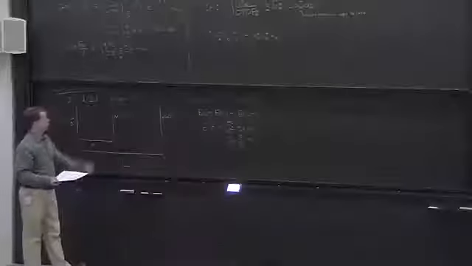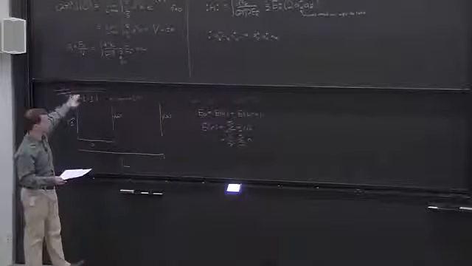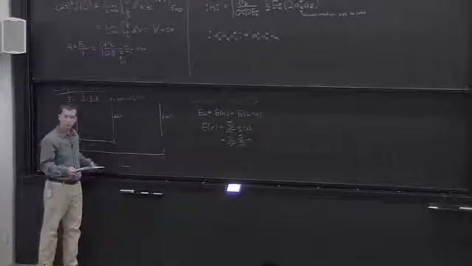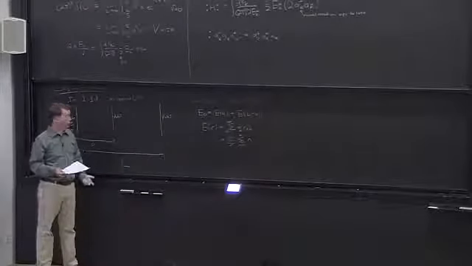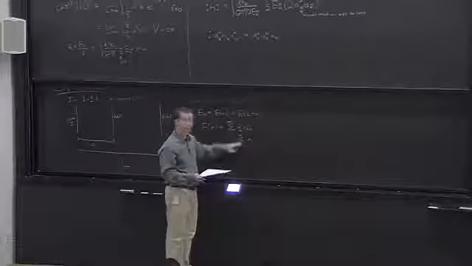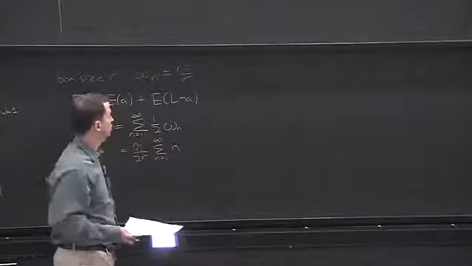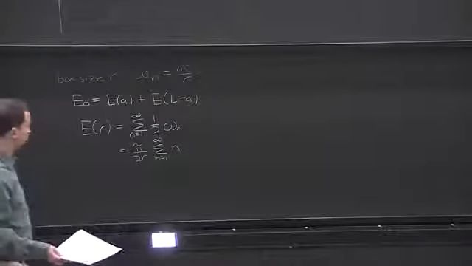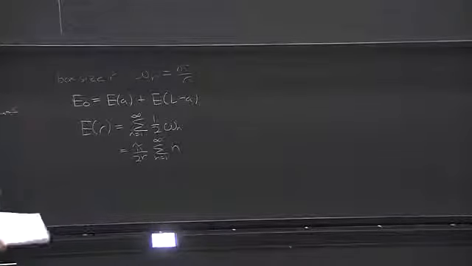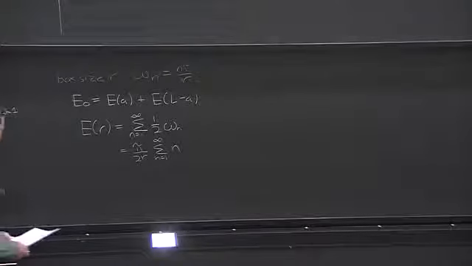So that's not terribly surprising based on our previous experience. We got rid of the IR divergence by putting our theory in periodic space, but there's still a UV divergence. Arbitrarily high energy modes are still allowed, and including all those arbitrarily high energy modes causes the energy to diverge.